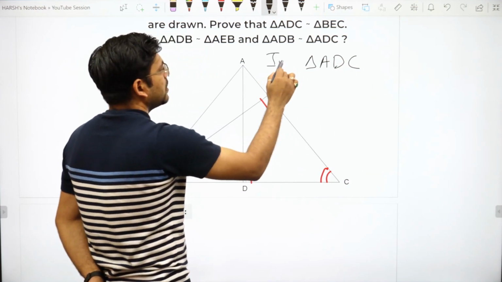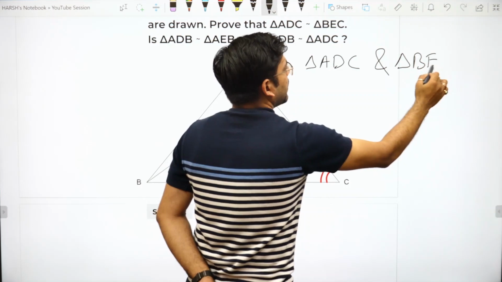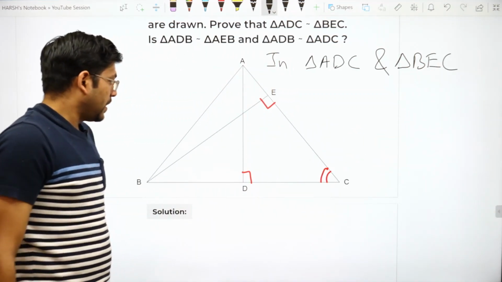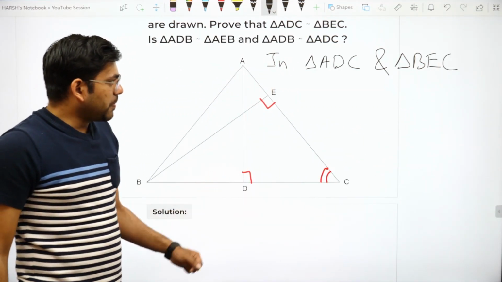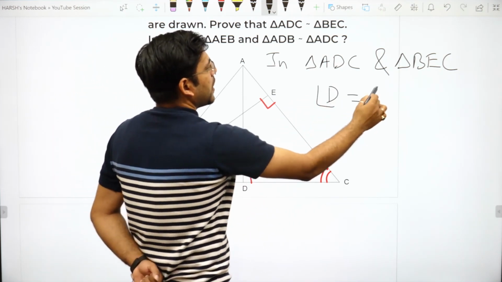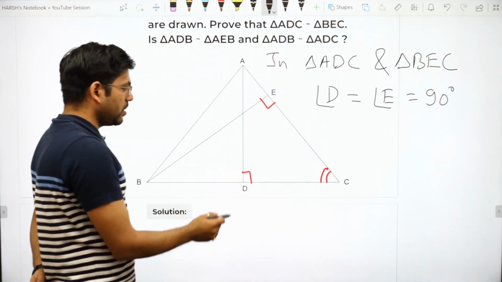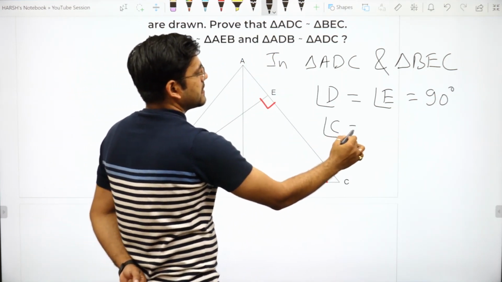I am writing here: in triangle ADC and triangle BEC, angle D is equal to angle E equals 90 degrees, and angle C is equal to angle C, common.